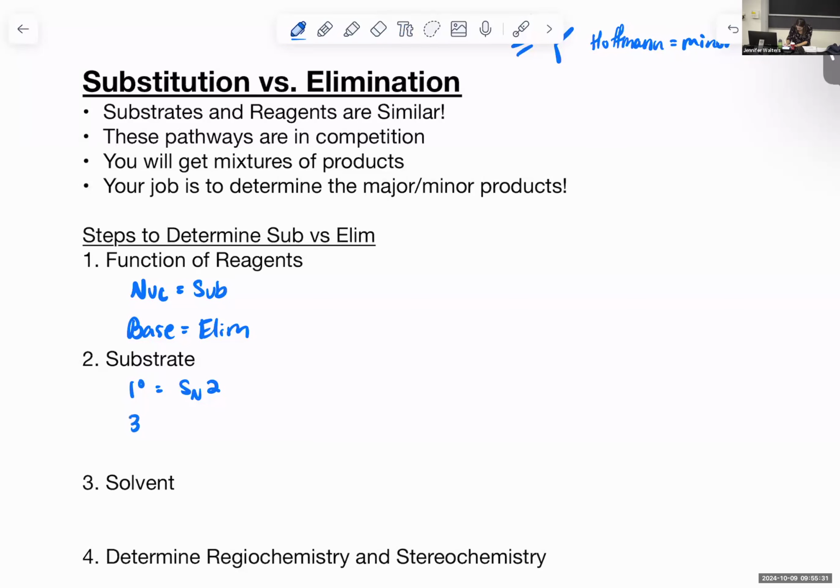If it's tertiary, then SN1, E1, and E2 could possibly all be the majors. So that's where looking at the reagent first helps us more. And with our secondary leaving groups, you could potentially get a mix of all four: SN1, SN2, E1, and E2.